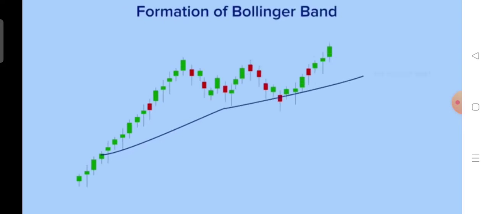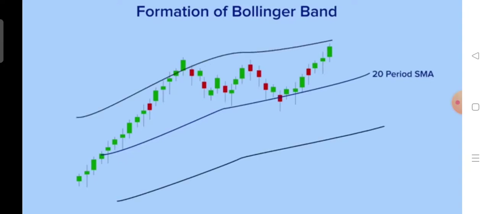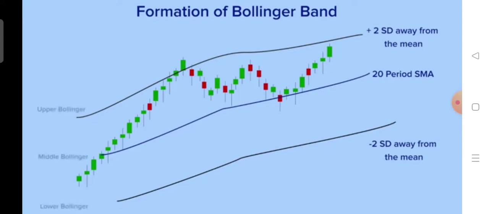First, there is a 20 period moving average, or any period moving average you want to take. Then we take two standard deviation away points. The two standard deviation away points on the upside form the upper Bollinger Band, and the two standard deviation away points in the downside form the lower Bollinger Band.